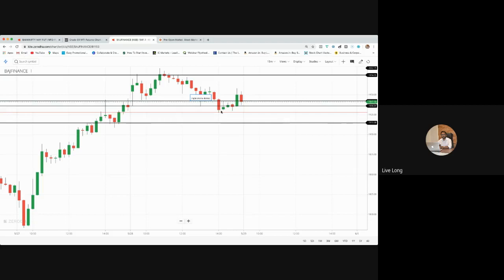So let's assume that tomorrow Nifty is going to behave negatively, with a downtrend associated with it. Then I may consider going for a short position for the stock once the price breaks below this level.